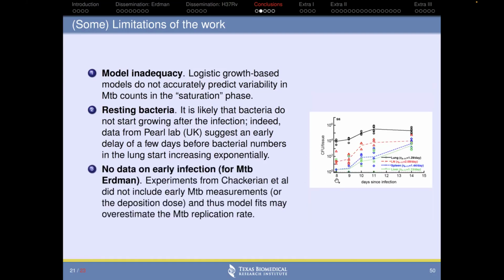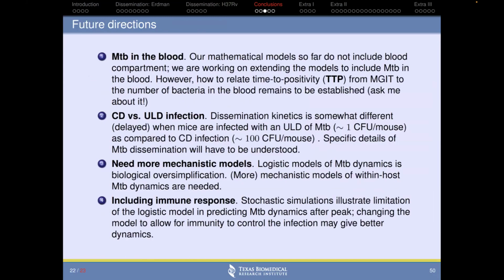And then again, for the data that I showed before on MTB Erdman infection, there was no early dynamics measured. The first measurement in their data was on day 8. So we may overestimate how quickly bacteria replicate just because we look at the very late stages of the infection.